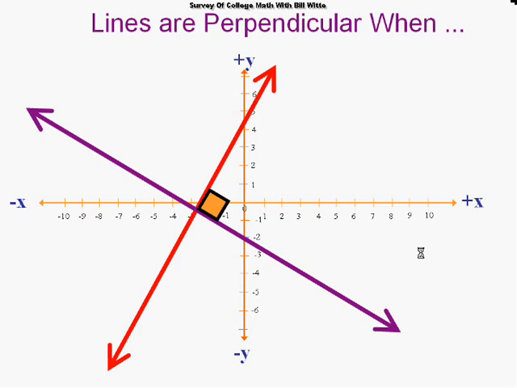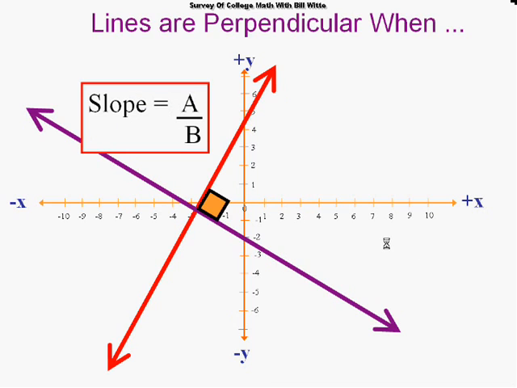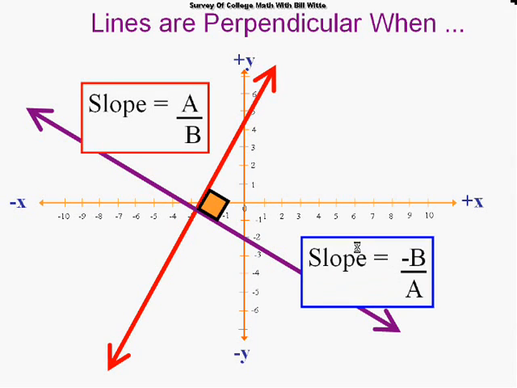A lot of things in construction are perpendicular. We'd like to know algebraically when they're perpendicular. That's going to occur when one of them has a slope of a over b, and the other has the negative reciprocal of that, a slope of negative b over a.